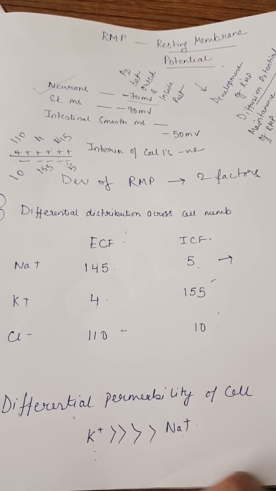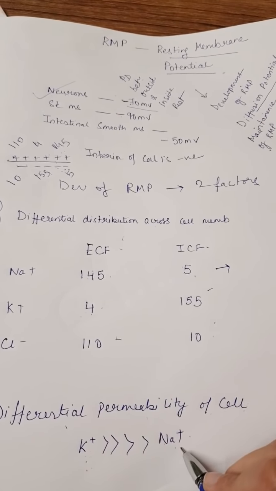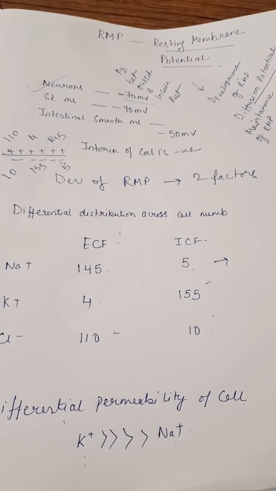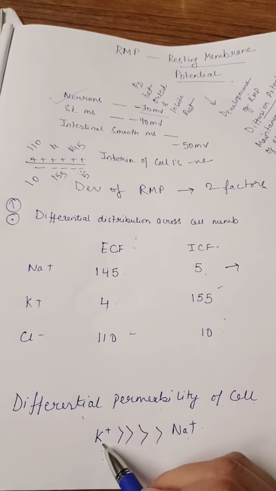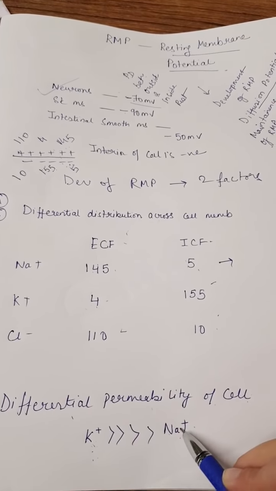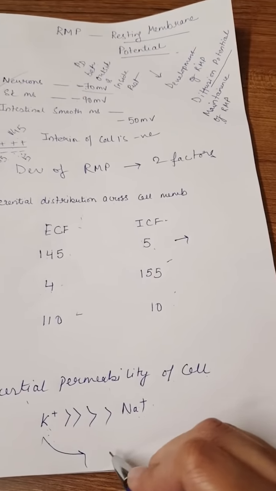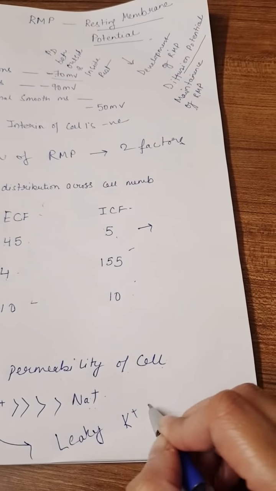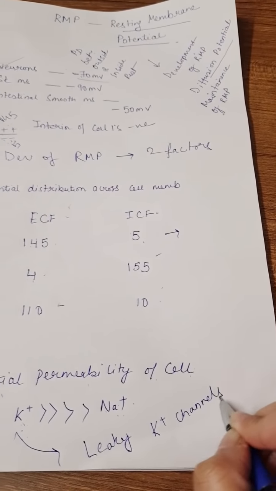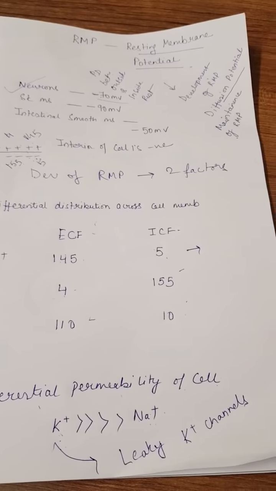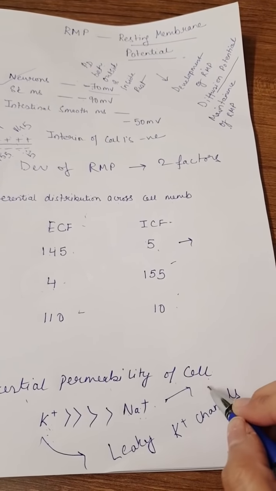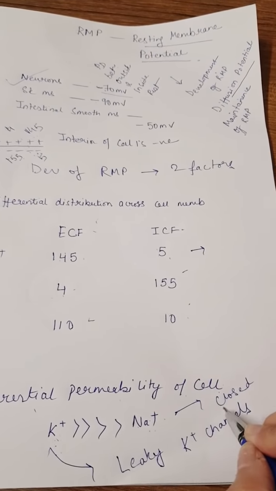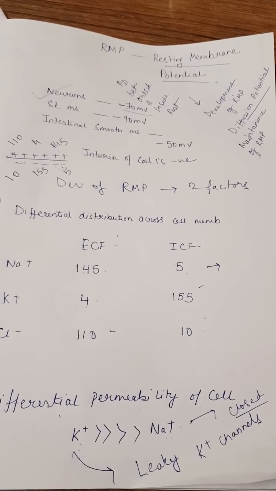When a stimulus is given, this permeability changes. But at rest, the permeability of potassium is much more than that of sodium because of the presence of leaky potassium channels. And sodium channels are basically closed at rest. They only open when a stimulus is given.